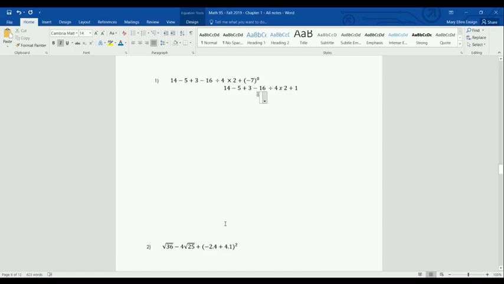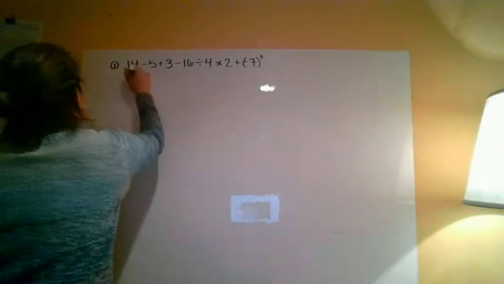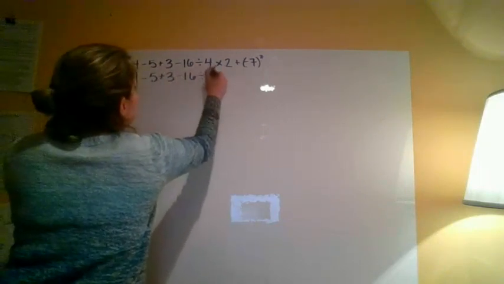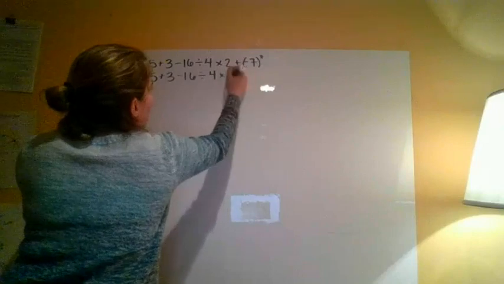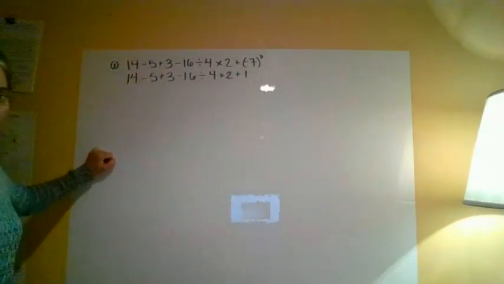Let's go ahead and look at it up here on the board. Okay, so here we have our problem. We know the first step was this negative 7 to the 0 power, which is going to be 1.